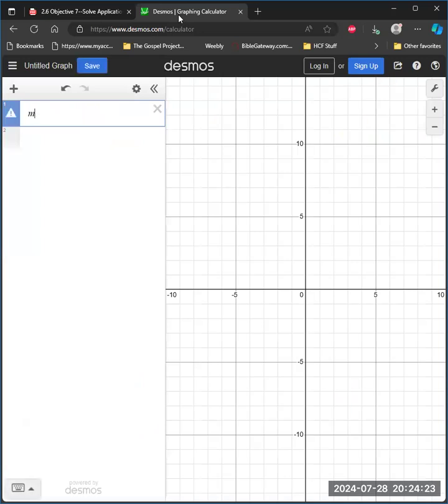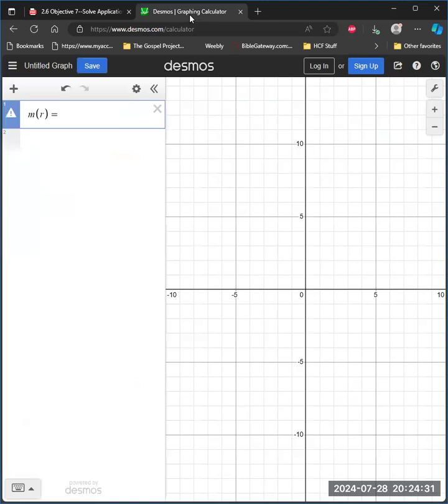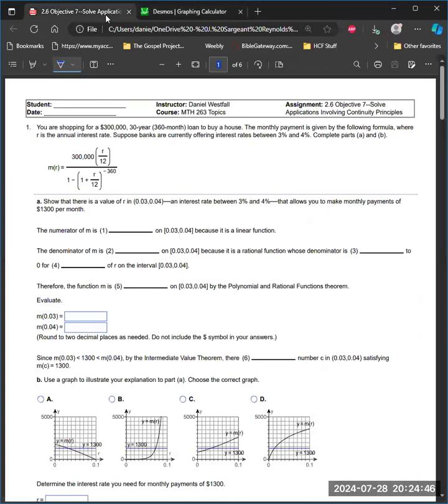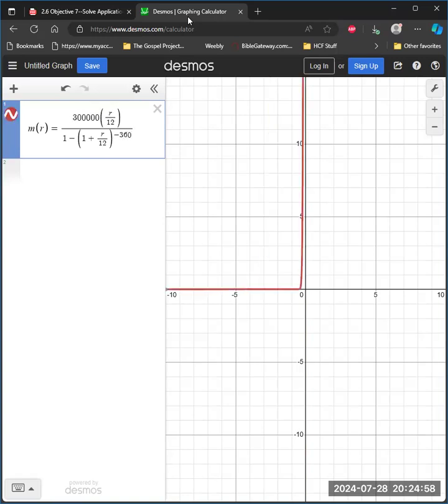M of R is equal to 300,000 R over 12 divided by 1 minus 1 plus R over 12, that's raised to the negative 360th power.